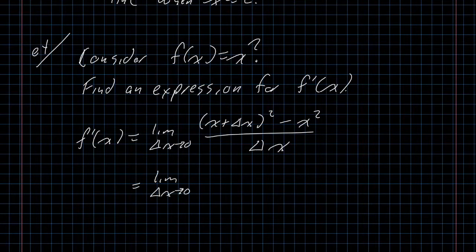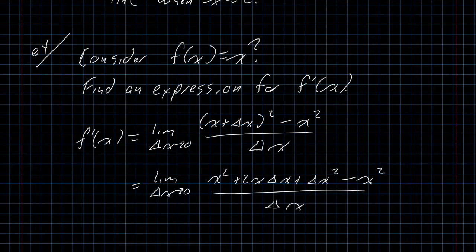You can check that if you plug in delta x equals 0, you will get 0 over 0 indeterminate form, so we know we have work to do. The work is going to look very similar to what we've seen previously. Multiply out that power on the group, we'll have x squared plus 2x delta x plus delta x squared minus x squared all over delta x.